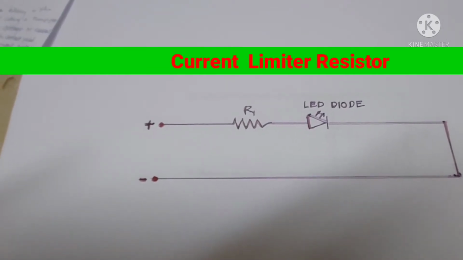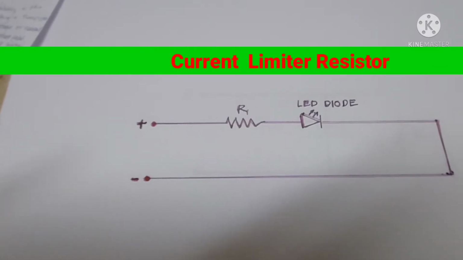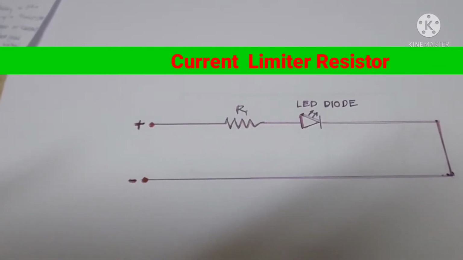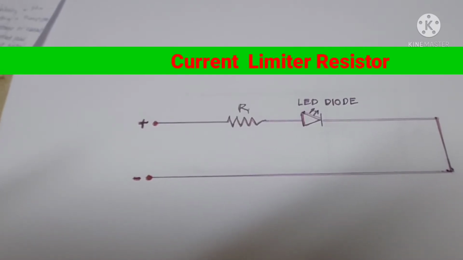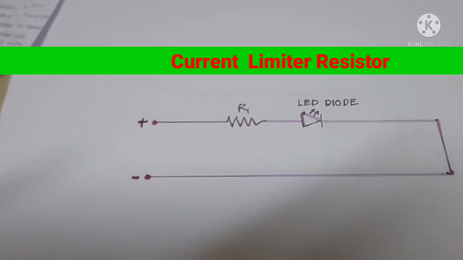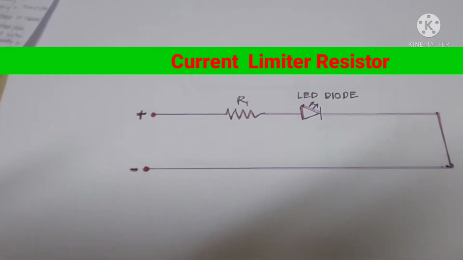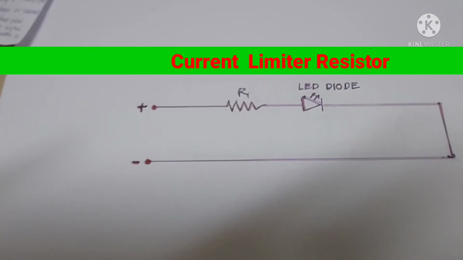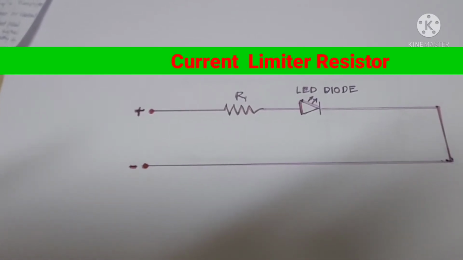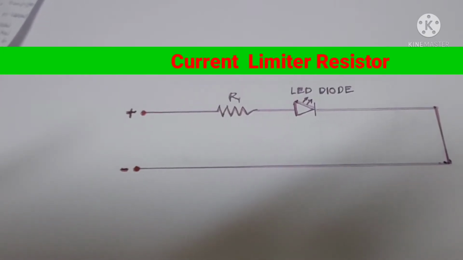If the resistor has a high value, the current in the LED might not be enough to light the LED. If the resistor has a low value, the current will be too fast and burn the LED.